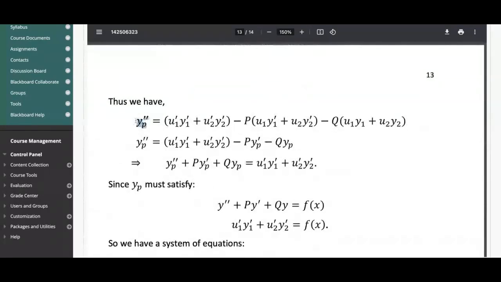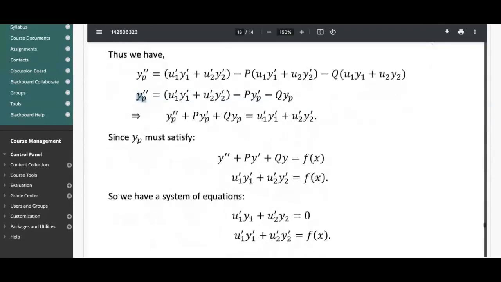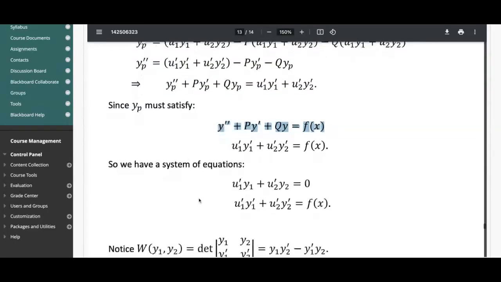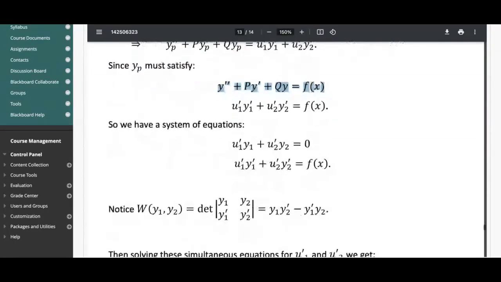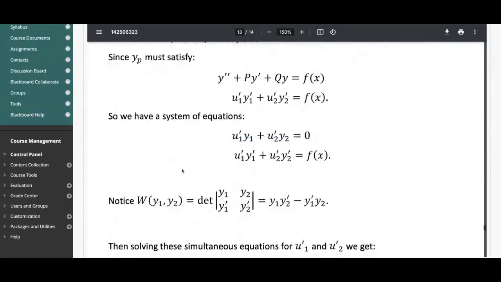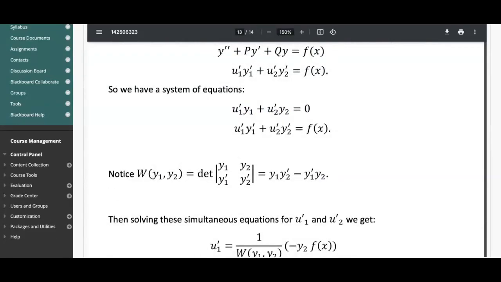Then the particular solution double prime will have this, original equation is this. So get those two equations.